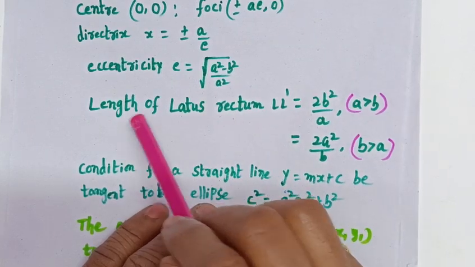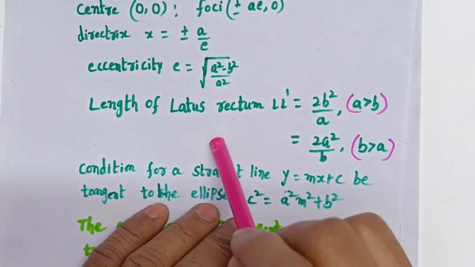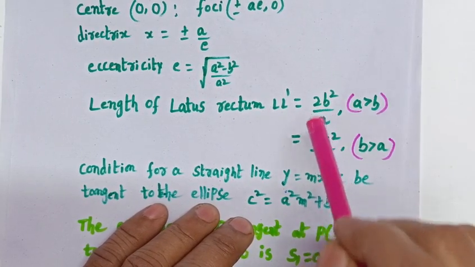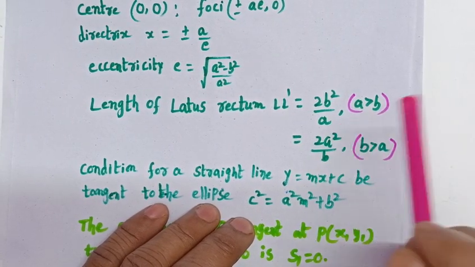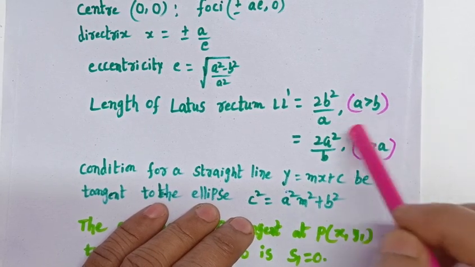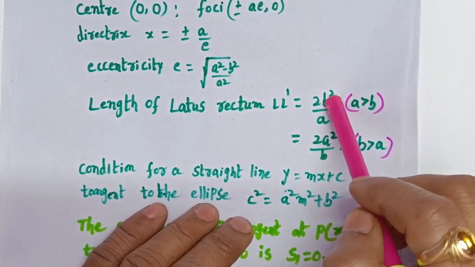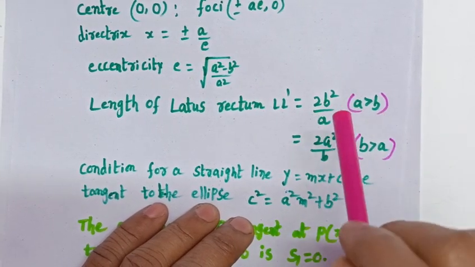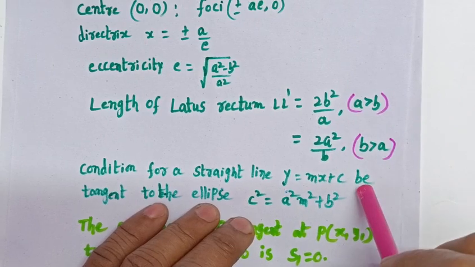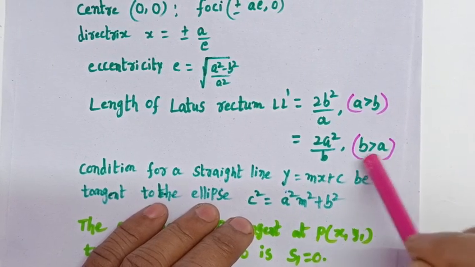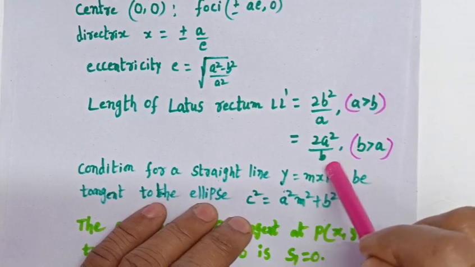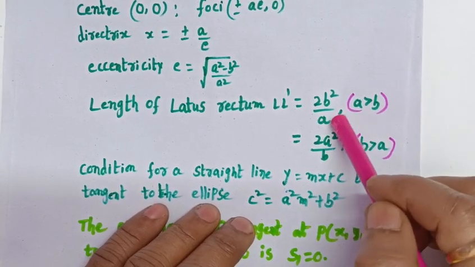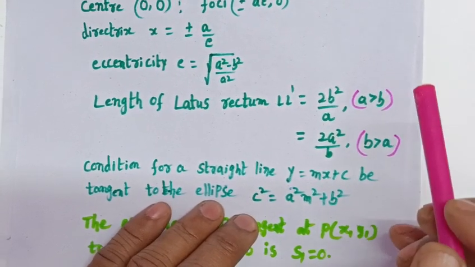So for the length of the latus rectum, the numerator is the smaller value and the denominator is the bigger value. The denominator is not squared, the numerator is squared. If a is greater than b, it is 2b square by a. When b is greater than a, the formula is 2a square by b. Note the small difference between numerator and denominator.